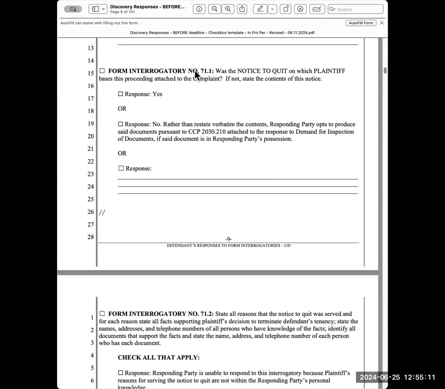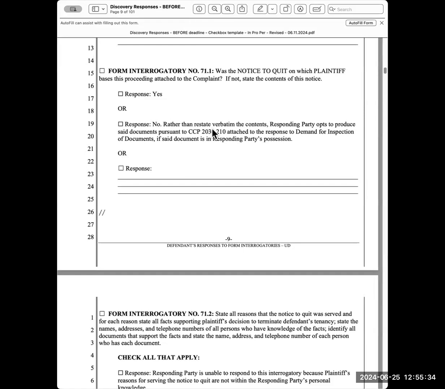If it is, you check here, yes. If no, you can check here, but you can also produce the operative notice that you have, meaning the notice that was posted often on your door or some other conspicuous place on the property. Sometimes it's delivered personally to you.